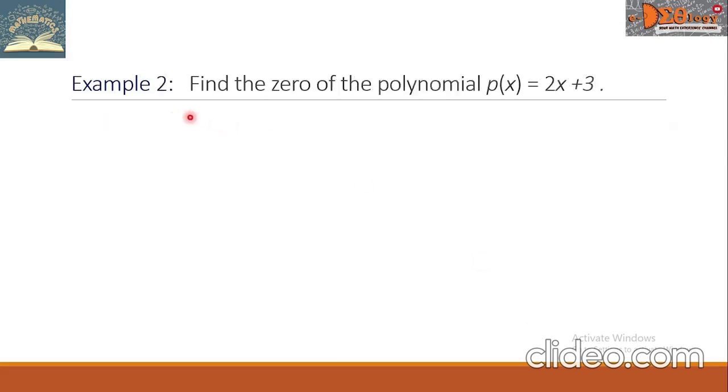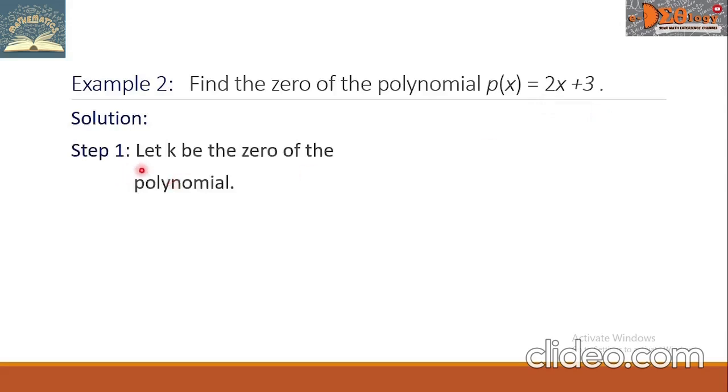Example 2. Find the zero of the polynomial p of x equals 2x plus 3. Step 1. Let k be the zero of the polynomial. Then we evaluate p of k, which means the p of x here becomes p of k, and this is now the value, 2k plus 3.